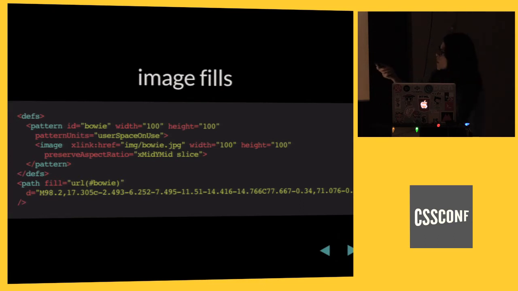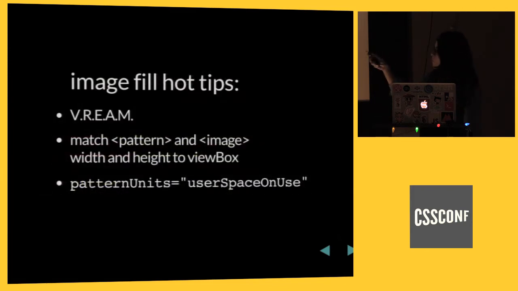Notice, you can't see the viewBox here, but it is 100 by 100, and the width and height of both the pattern and the image are both set to the entire viewBox space. Oh sorry, one more thing before we get to that. This patternUnits, userSpaceOnUse, says size it to the viewBox, not to any shape that's inside of it, not just to the thing it's filling.